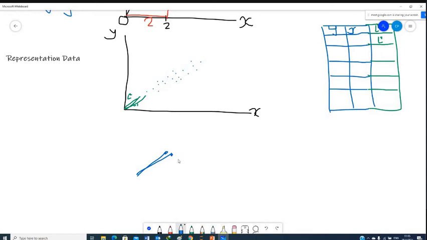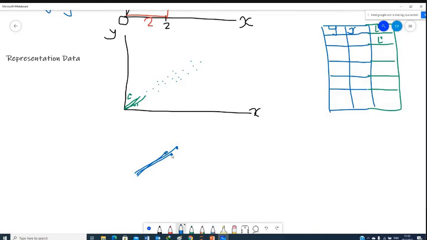And then I've got another point somewhere here. What this allows me to do, when I'm looking at the distances from the point of origin, is learn the representation by calculating the Euclidean distance of each point from the point of origin.